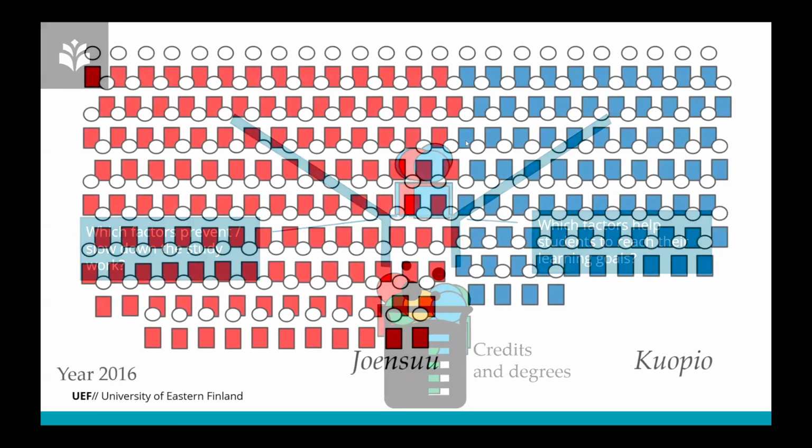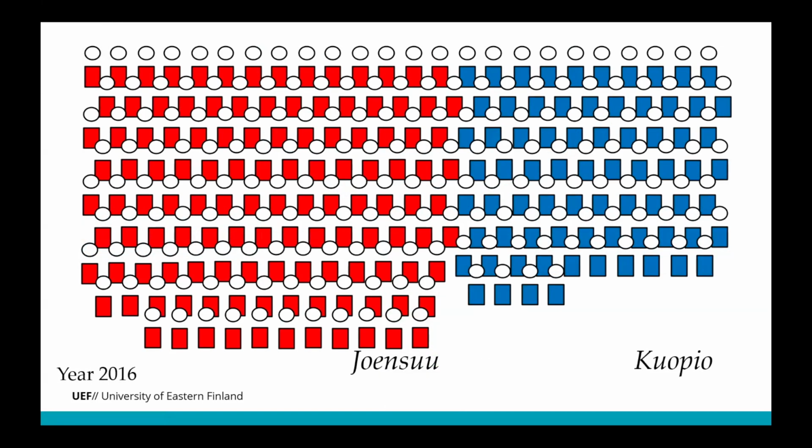especially in large courses. 2016 was the first course that I held with over 100 students, and they were in two different towns. People were saying that you should be in the lecture room in Joensuu, and in Kuopio they can watch it on TV or whatever. And I said no, that's not the way.